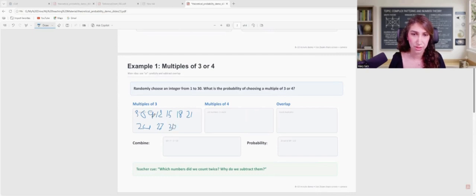We have 1, 2, 3, 4, 5, 6, 7, 8, 9, 10. Okay, 10 numbers. And what are the multiples of 4?